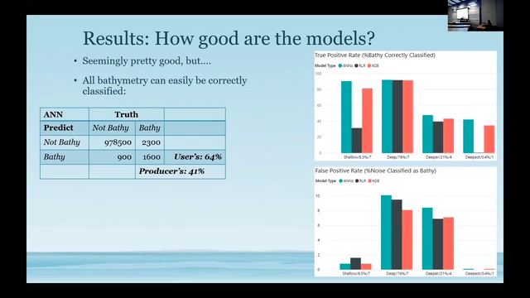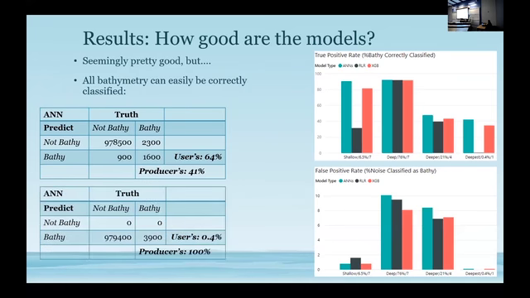Your question should be, well, you've given me 2,500 points. How many of them are actually bathymetry? Well, about 64% of them are. So if I want to label all the bathymetry correctly, it's really, really easy to do. All I have to do is label all the points bathymetry. I have now classified everything as bathymetry, and I say there are 3,900 points of bathymetry out there.